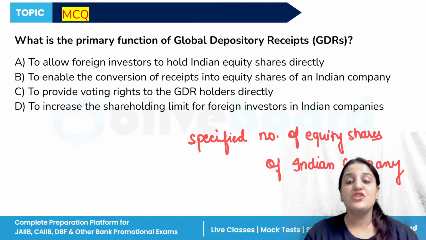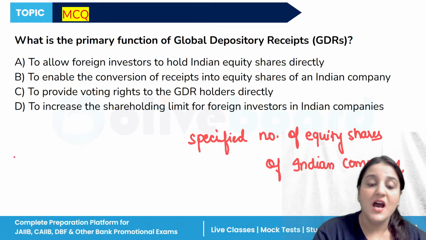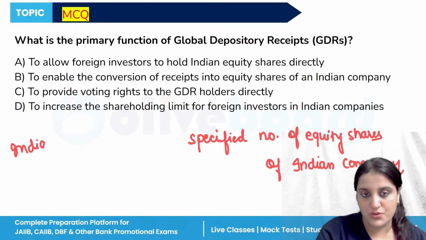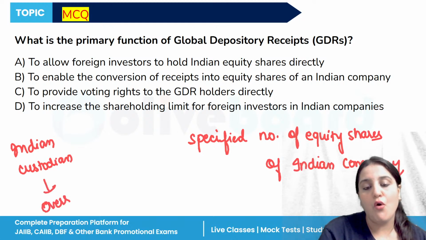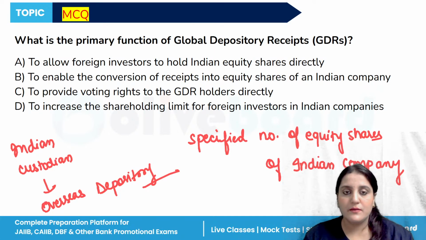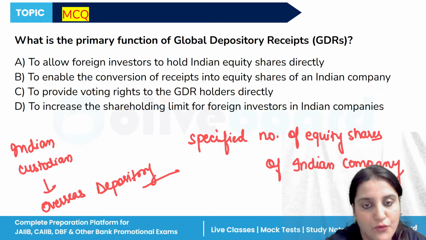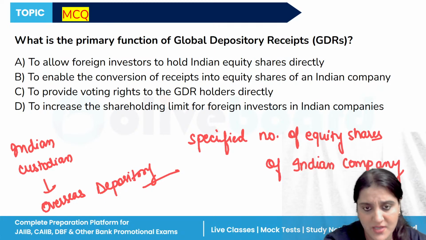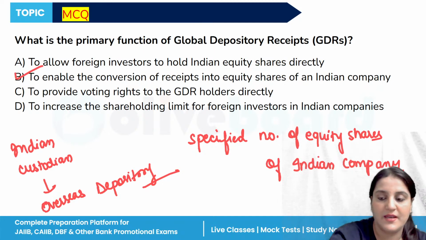They are negotiable receipts, and the underlying shares issued by the Indian company are held by the Indian custodian on behalf of the overseas depository. They are denominated in foreign currency. Among the four options, the primary function is to enable the conversion of receipts into equity shares of an Indian company. That means option B is correct.